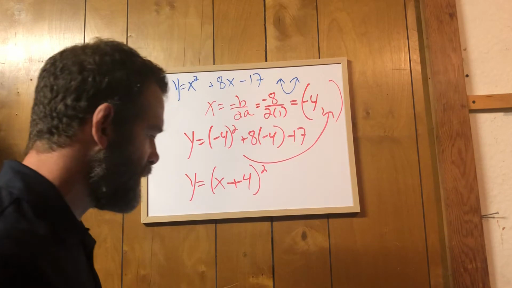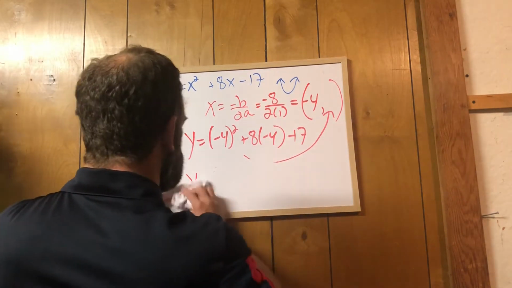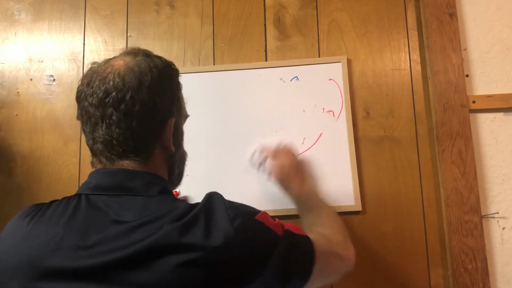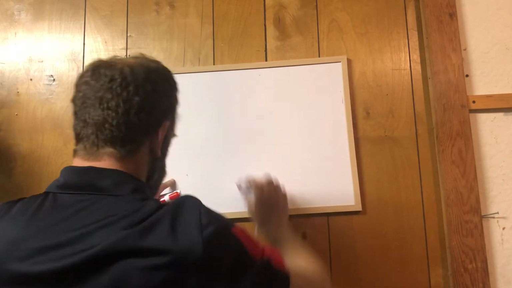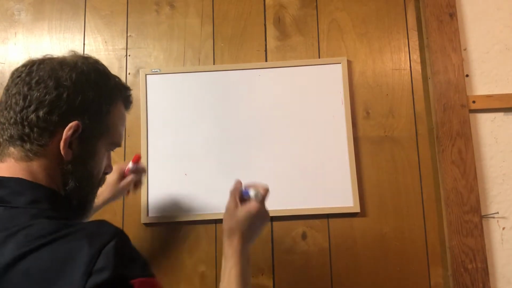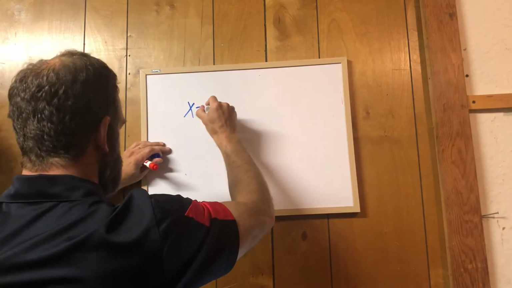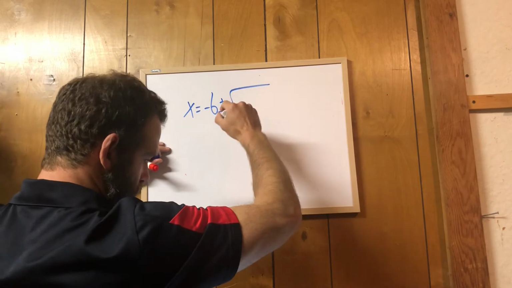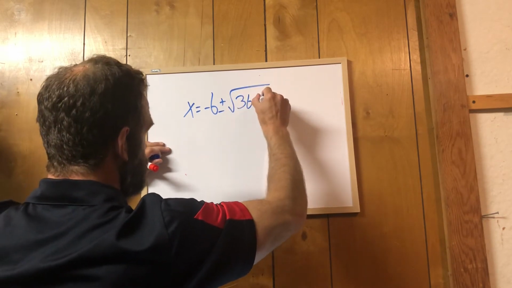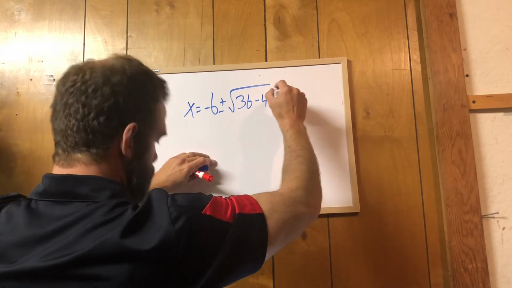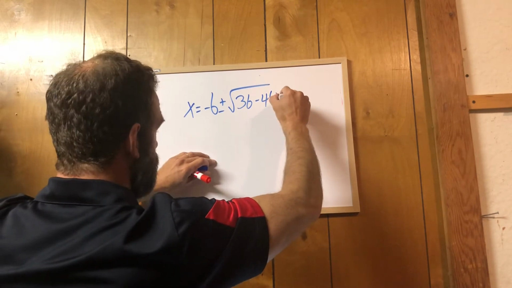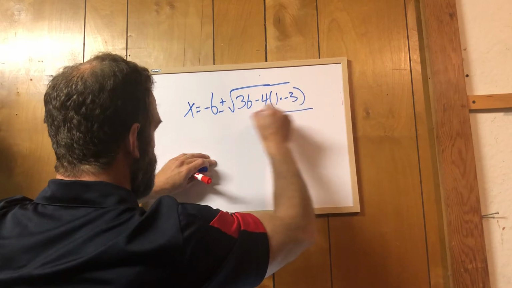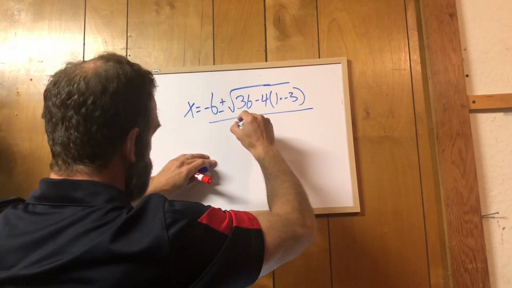Now, what are all the solutions? This is a quadratic equation. I'm just going to set up the quadratic equation, but I'm not going to solve it. So you have x equals negative b plus and minus the square root of b squared minus 4 times a, which is 1, times c, which is negative 3, all divided by 2 times your a.